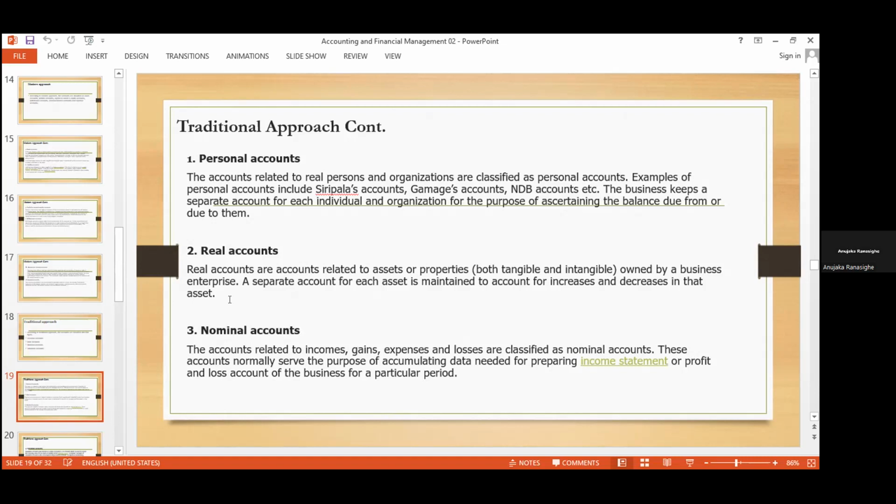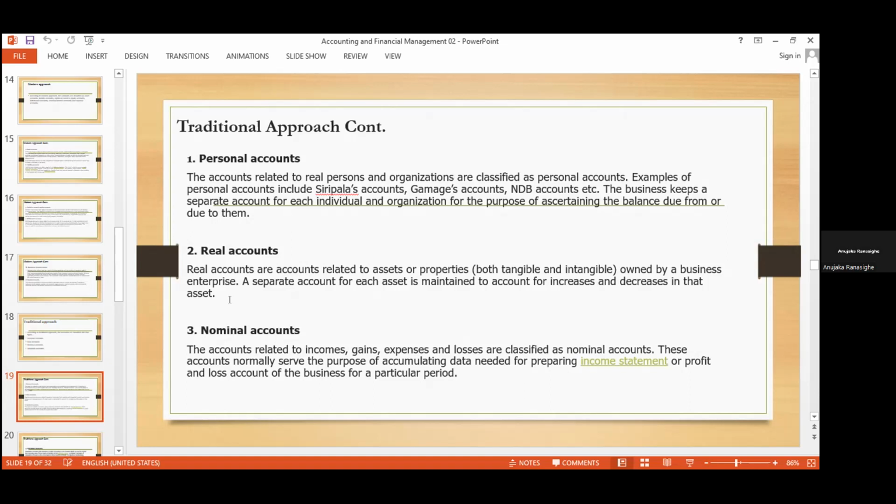Nominal accounts. All the business incomes, gains, losses, and expenses transactions are entered in the nominal accounts.